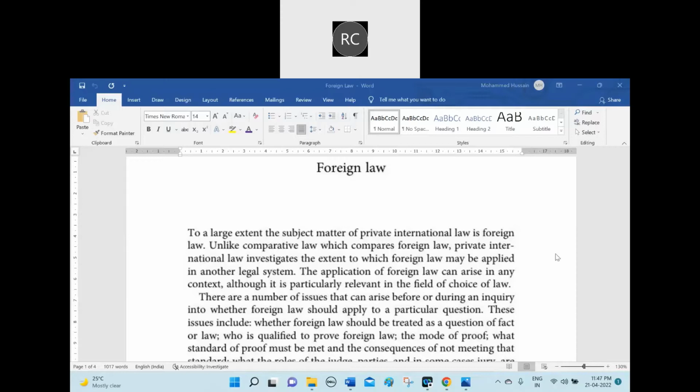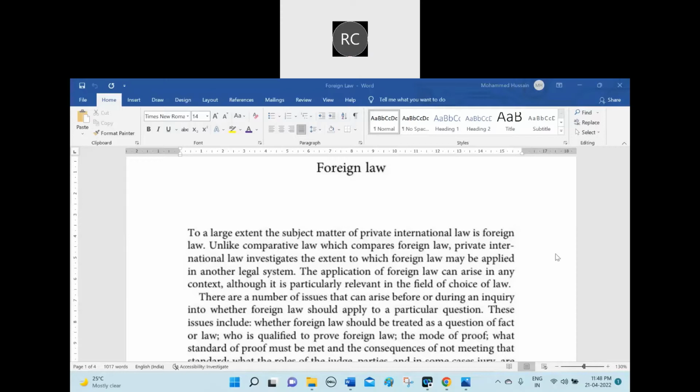Very good. That much is enough. I will give the explanation here. See, a private international law dispute arises only when there are two state subjects, one from one country and another from another country.